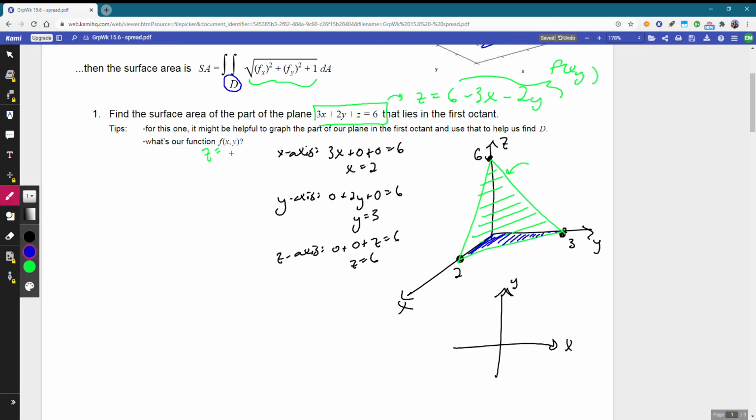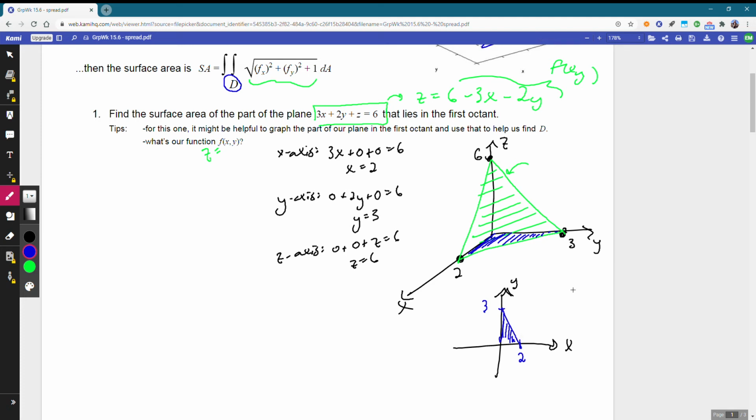It's going to be a triangular region like this, cutting the x-axis at 2 and the y-axis at 3. We can figure out exactly what the equation is, either by taking the z equals 0 trace of our plane, or just using our picture here.